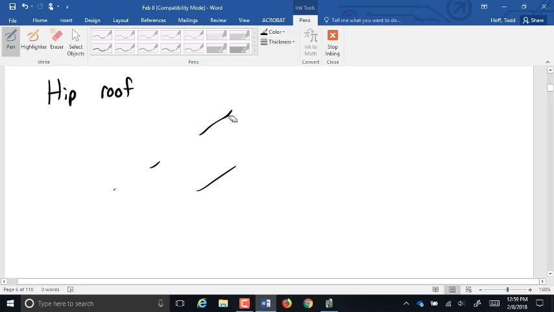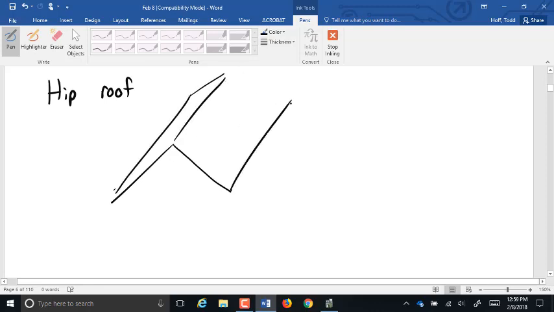Let me do a better job of drawing that. Still a bit of an elevated view of the roof. Something like that. That's your typical roof, and your only roof surfaces are the two sides. That's a common roof. Well, in a hip roof, what do they do?